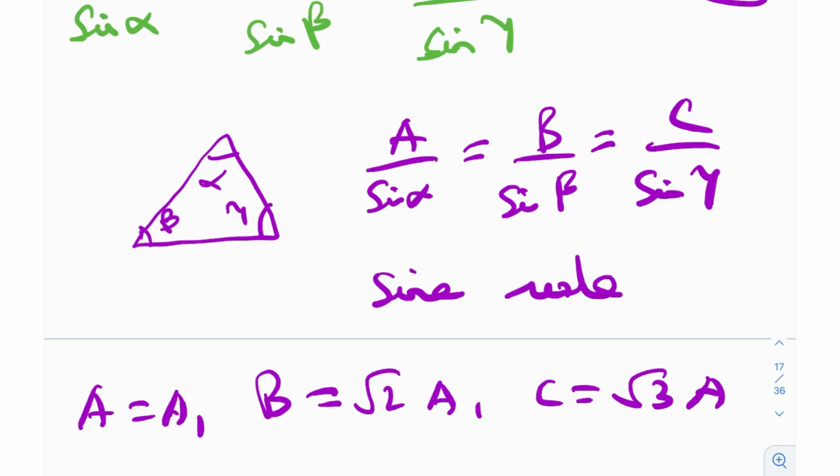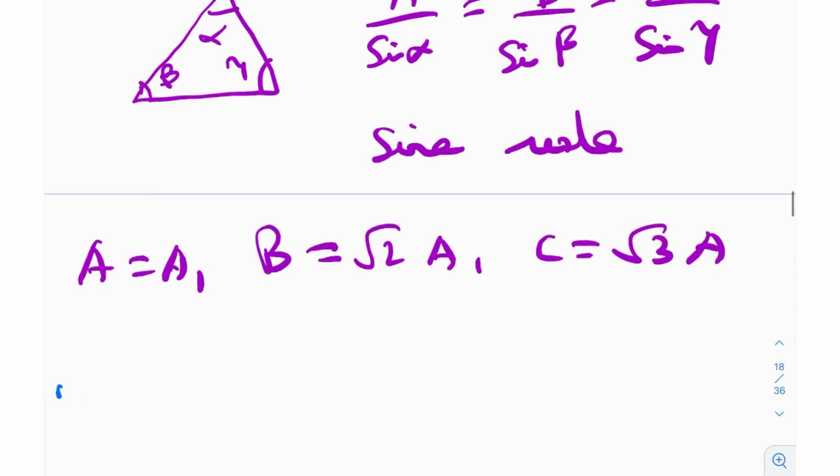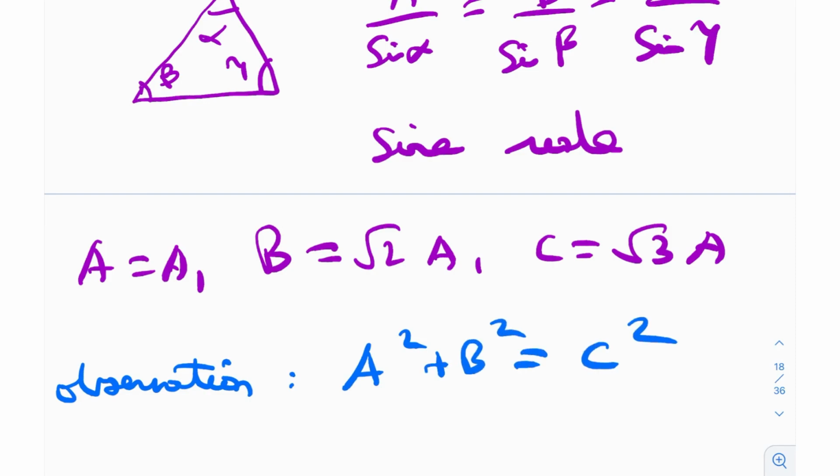So I know the angles alpha, beta, gamma, or at least I know them as variables. I know the sides as a ratio: A is equal to A, B is equal to root 2A, and C is equal to root 3A. What next? Next is again a very critical observation: A squared plus B squared is actually C squared. Why?